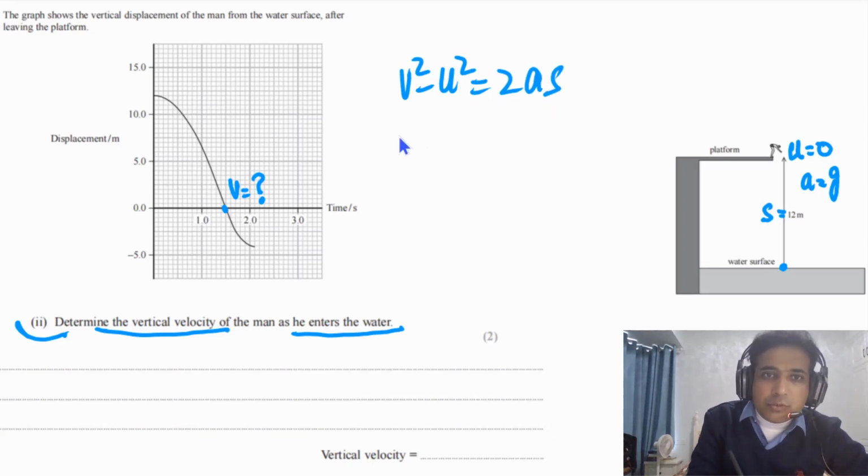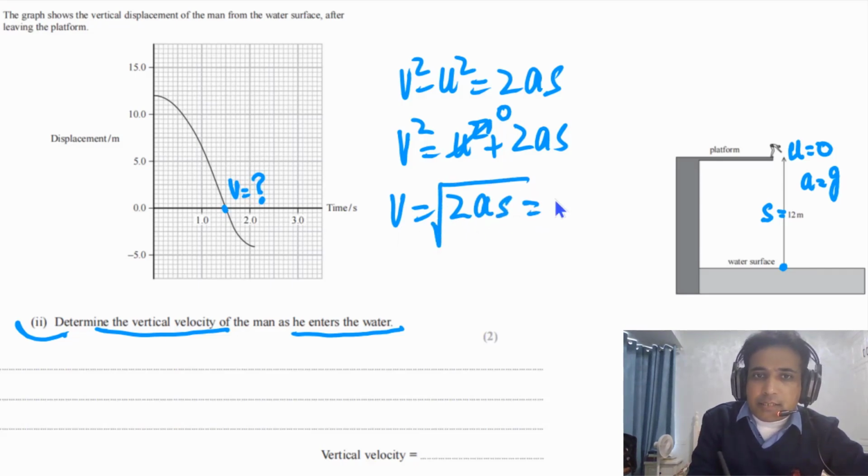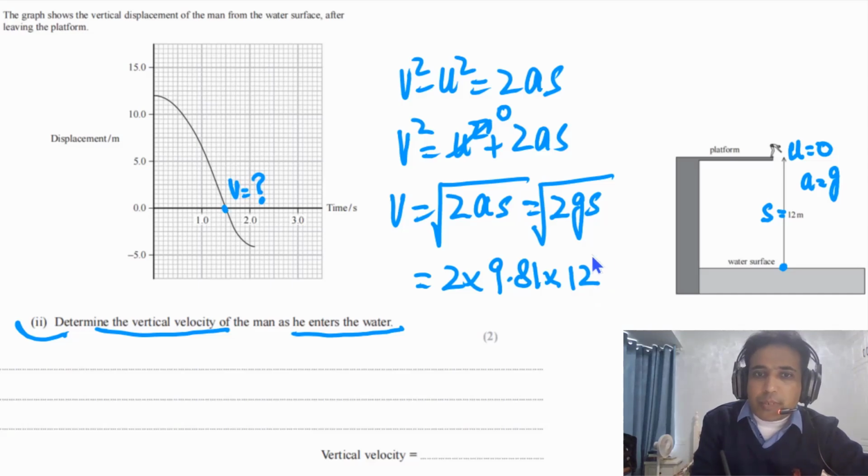For this question we need to calculate the value of v squared. We can say this will be equal to u squared plus 2as, and u is equal to 0, so this is equal to 0. So we are left with v equal to the root of 2as, and a in this case is equal to g, so this is the root of 2gs. So we have 2, g equal to 9.81, and s equal to 12.